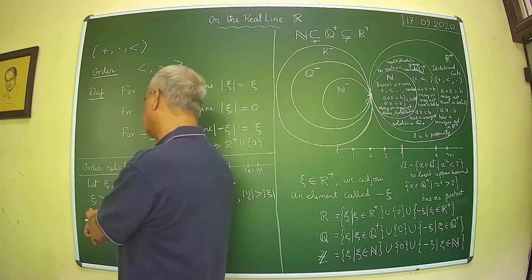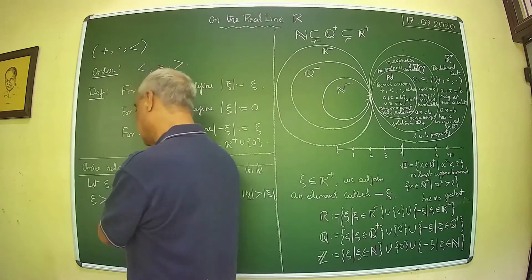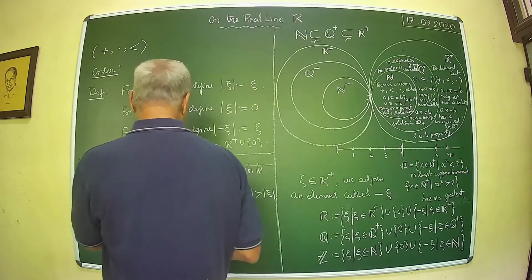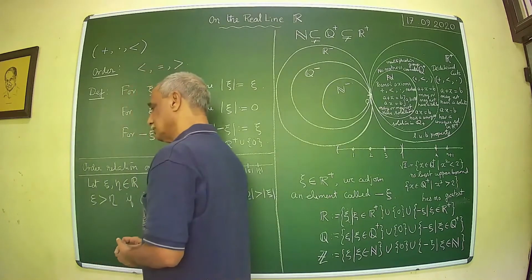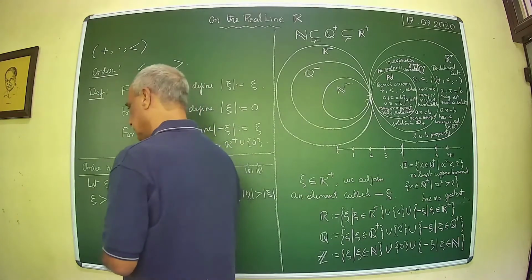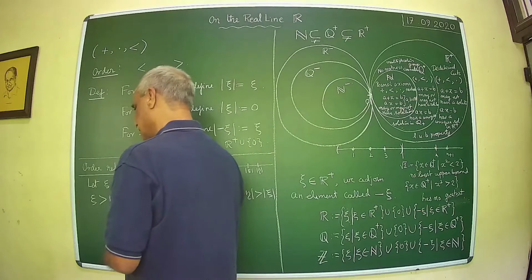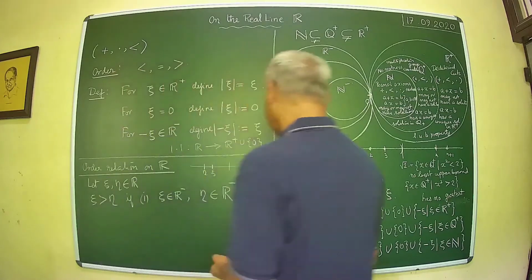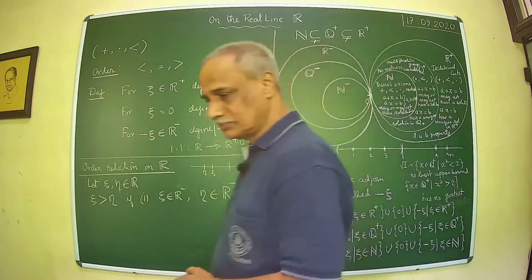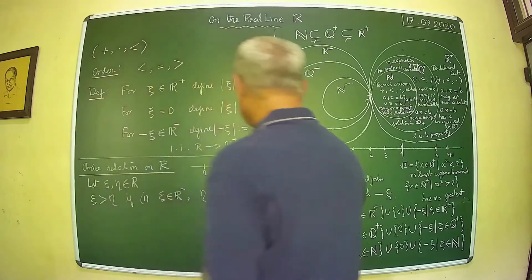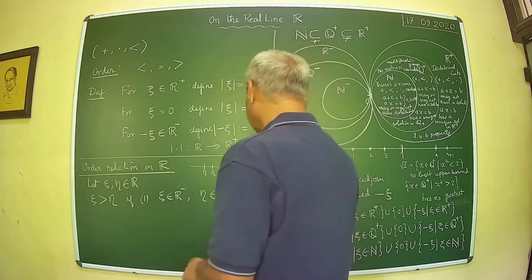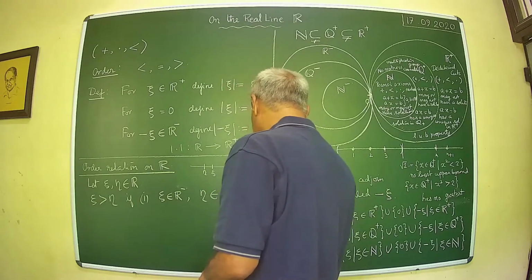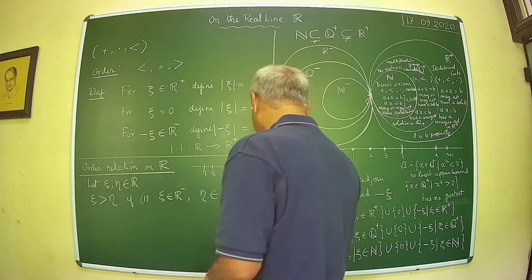So you say that -5 is greater than -10 whenever 10 is greater than 5. Okay, right? That's what we write here. So that's the condition. You can write this equivalently as mod psi less than mod eta. This is an equation.